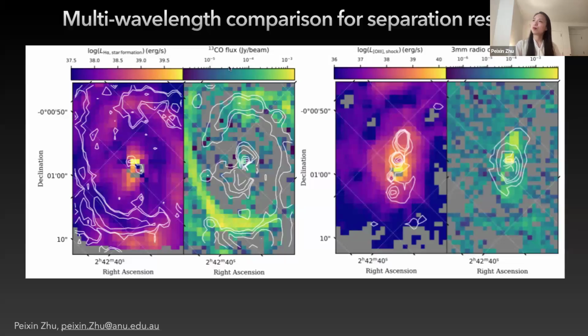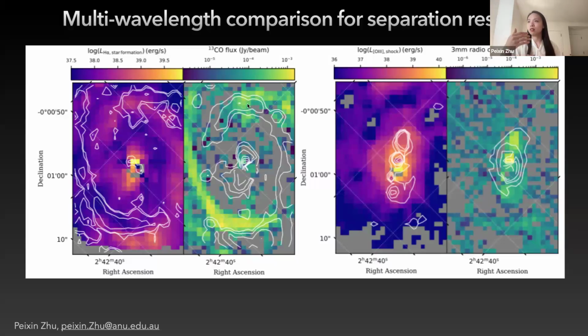The CO emission comes from the cold gas, which is the raw material of star formation. Stars form from the cold gas. So the detection of CO emission indicates that this is the perfect environment for star formation.